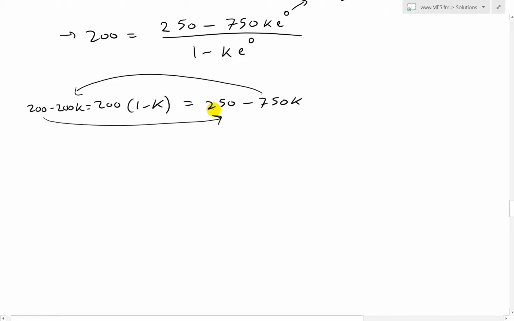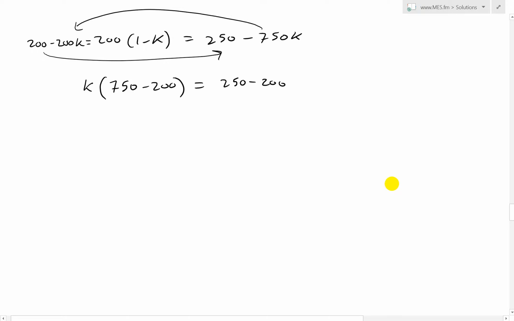So what we get finally is k, we factored out, positive 750 minus 200, equals 250 minus 200. So this is 550, and this part here is equal to 50.